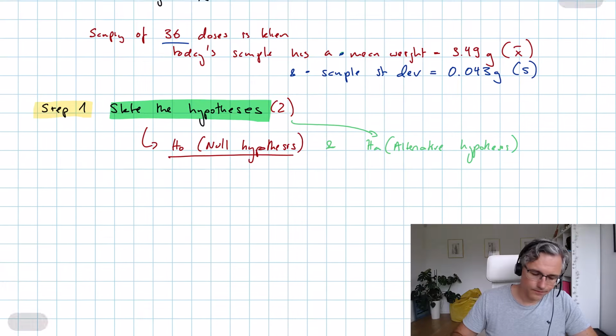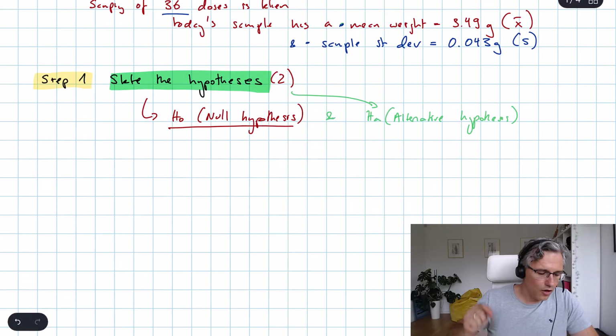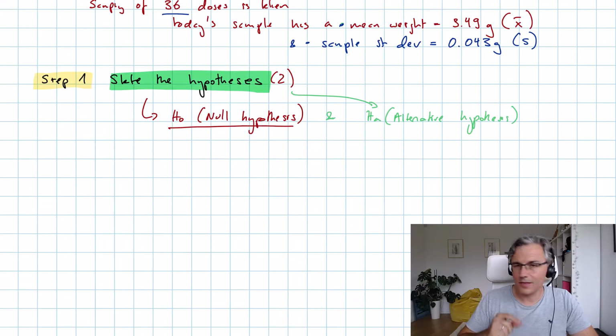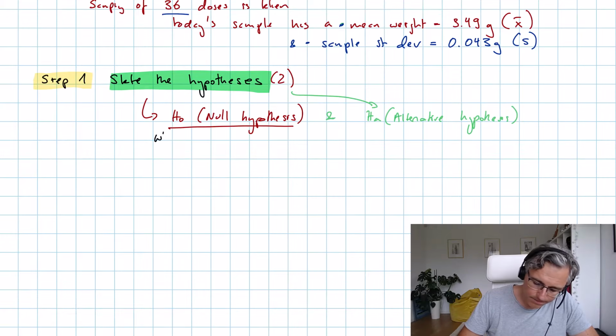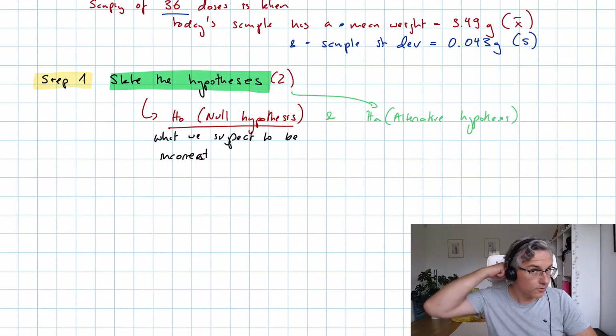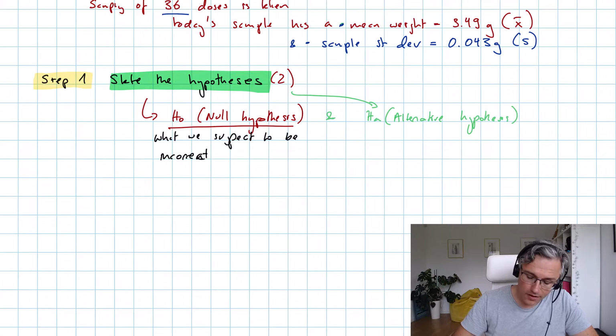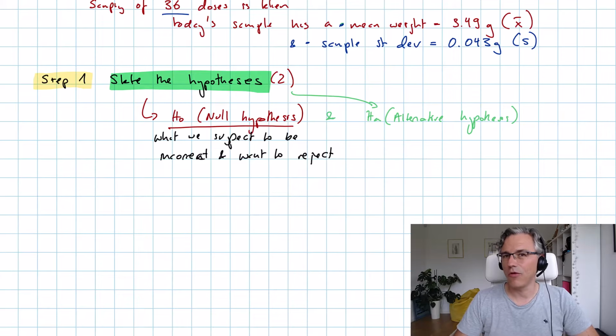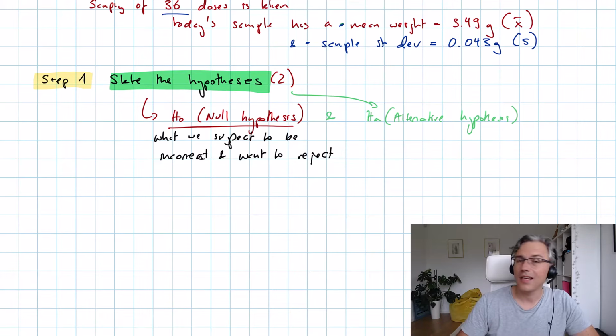The null hypothesis is what we suspect to be incorrect, wrong, the one we think we're going to have to reject, or actually the one that we want to reject, in the sense we suspect it's wrong, so we want to reject it in favor of the alternative.